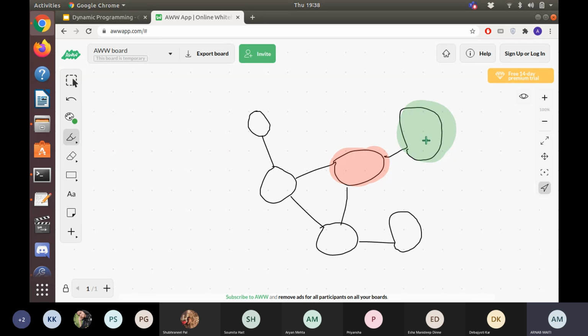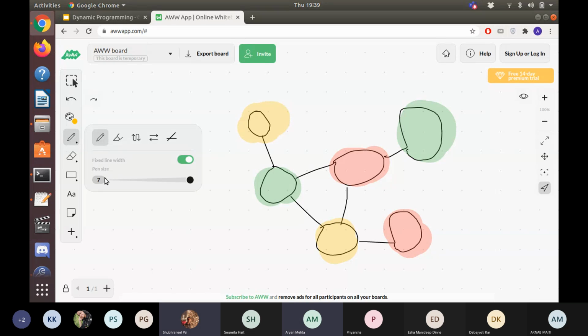For this problem, there is a solution where we use three colors. Can someone tell whether we can use two colors and color this or not? In that triangle, at least three colors will be required.